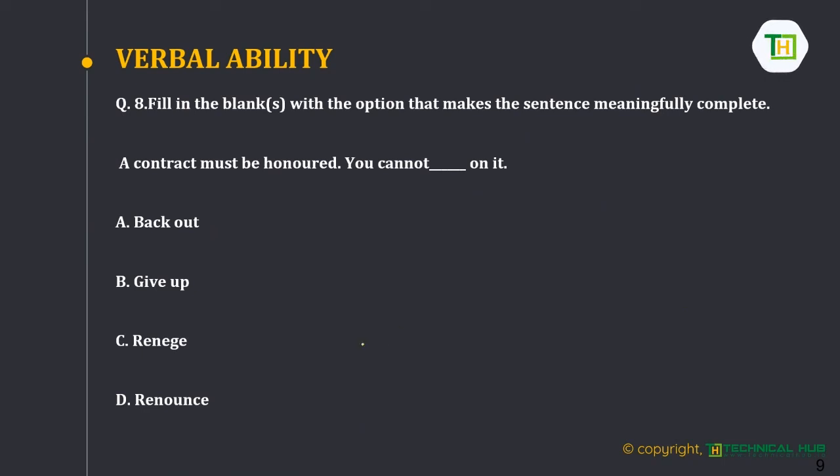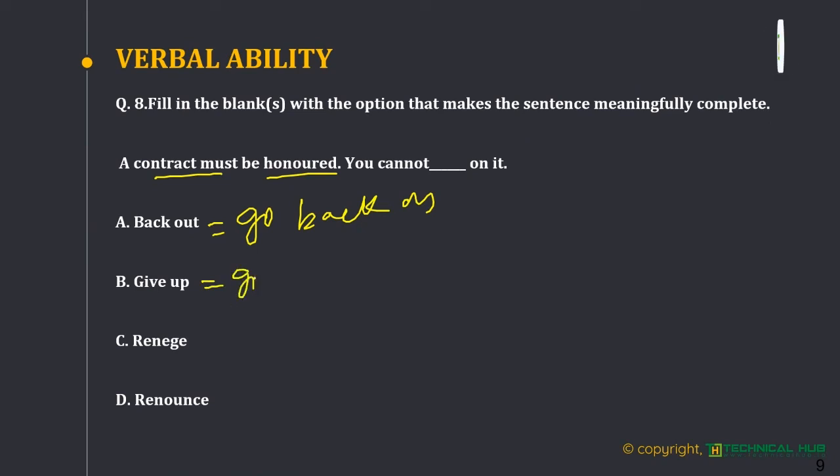The meaning is, you have taken one contract and you should follow it, honor it. But these days people are not honoring and they are cheating. So go back on. The meaning is go back on and give up, meaning giving up an old habit.